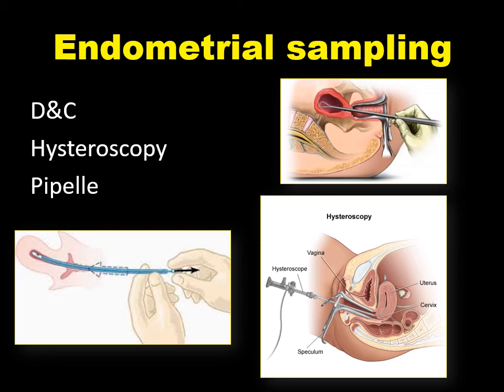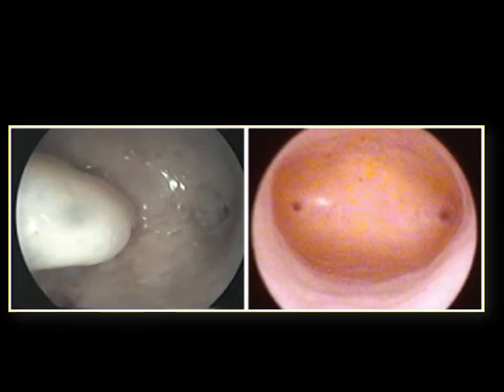The third method is to do a Pipelle test, which is again a blind procedure, but this can be done in the clinic with the least inconvenience to the patient, and we send all the samples to histopathology. Premenopause, our target is to rule out endometrial hyperplasia. Postmenopausally, our target is to rule out endometrial cancer.